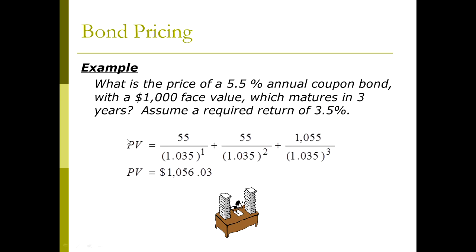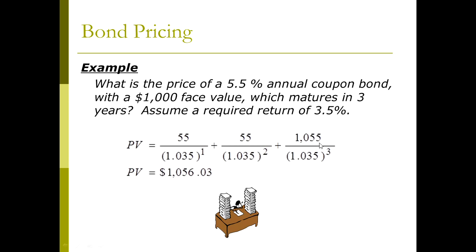Okay, so the present value or the price of the bond will be all the future cash flows discounted back to time zero. In the first year, you'll receive a $55 coupon payment, discounted at 1 plus 3.5% to the power of 1 year. In the second year, you'll receive another $55, discounted at 1 plus 3.5% to the power of 2 years.